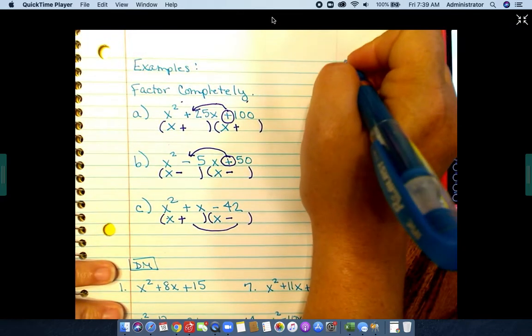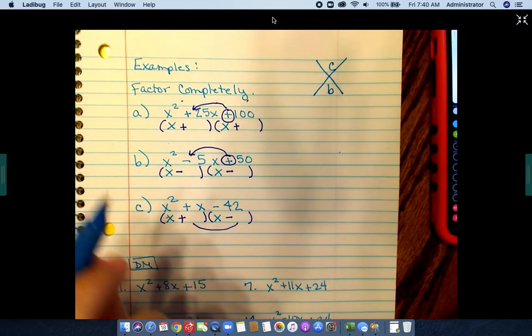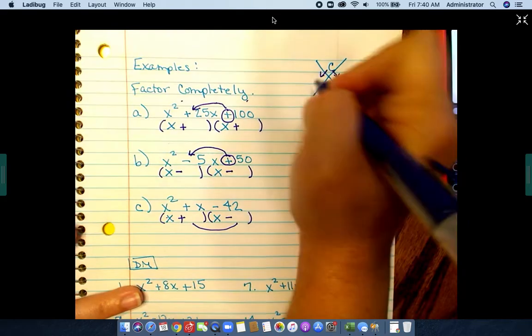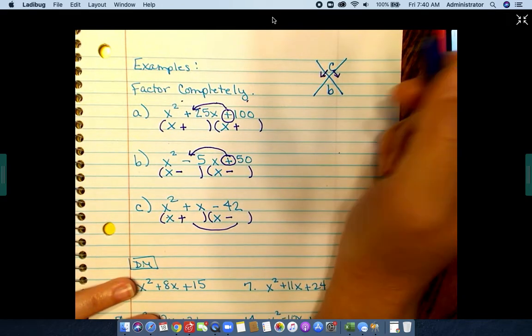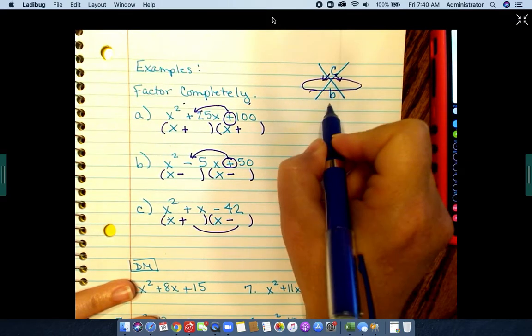So I'm going to draw an X right here because it's just kind of helpful to think about this. And then we're going to find the factors of C. So remember, we've been breaking down factors. And we're going to find the set that combines to give you the B value.